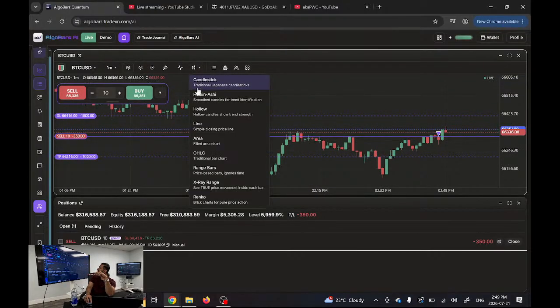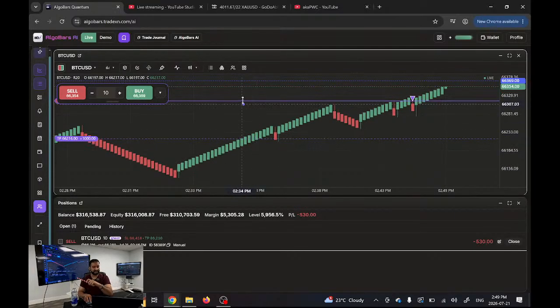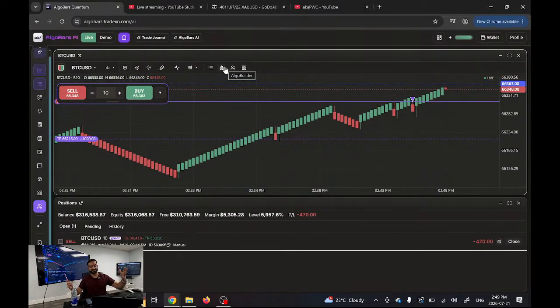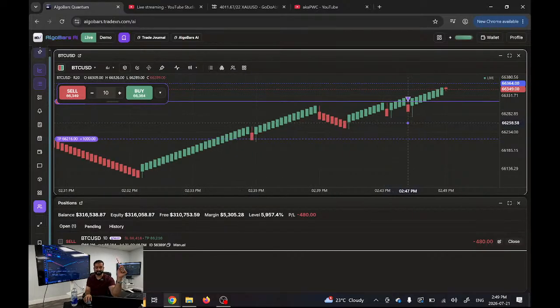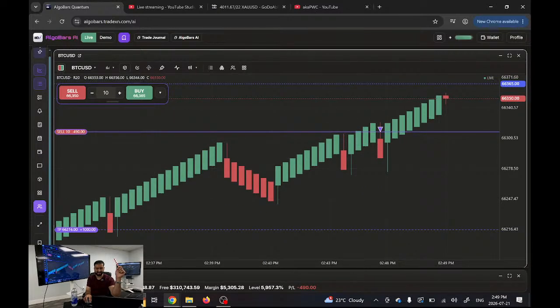Then I'll go back and click range bars, and now it changes to this. Now, how do the range bars work and how do we use them? I know a lot of people are asking how to use the range bars in the comments. Very simply, the way we use the range bars is it shows us which way the market trend is going. Let me bring this down a little bit so we can see what's going on.